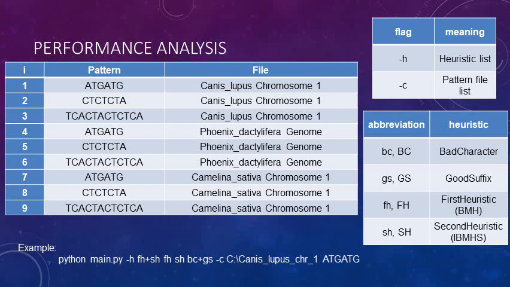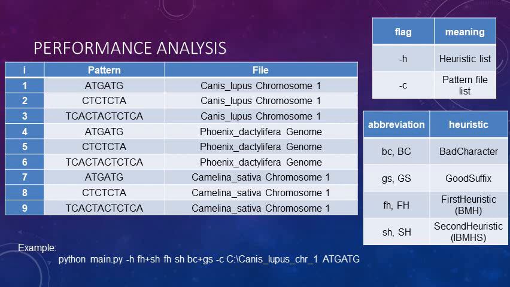So now it's time to run the algorithm and see what data we get for different patterns and different files used. In this biggest table, you can see which pattern and on which file it was used in each run.